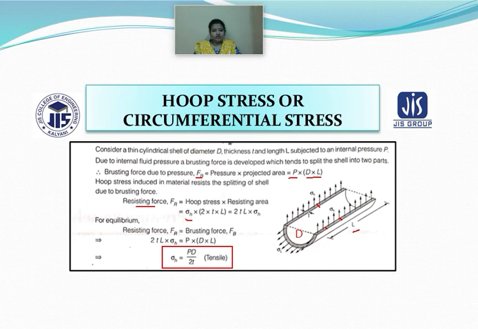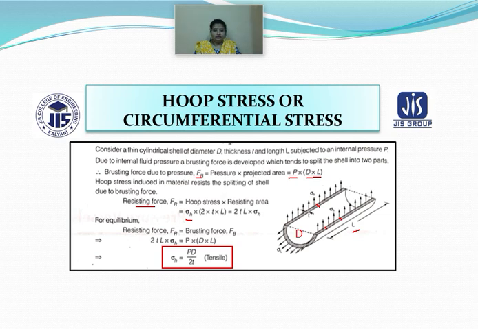The bursting force due to pressure is pressure into projected area, so it is P into D into L, and for the resisting force it is sigma h into 2 into t into L.